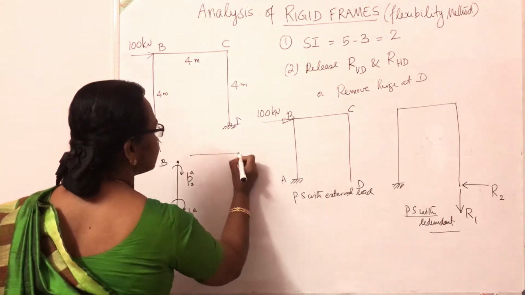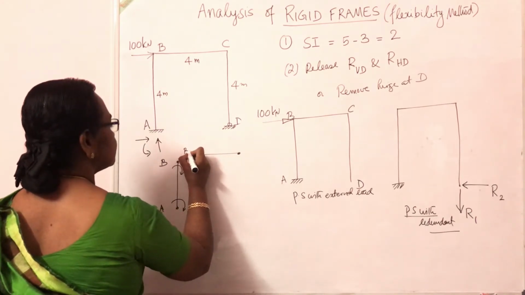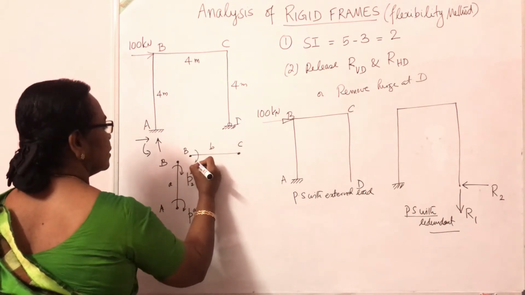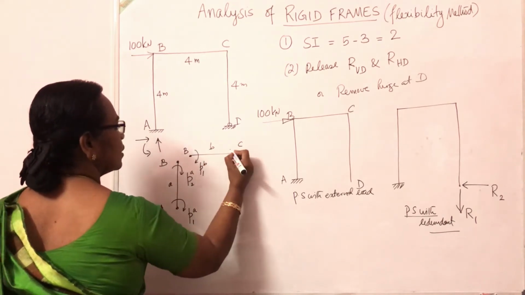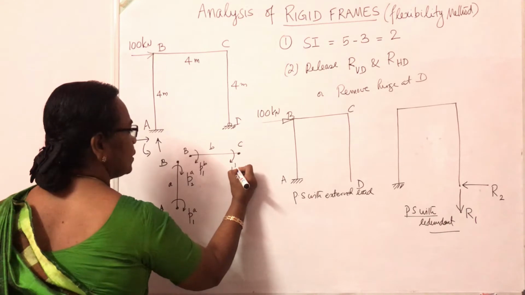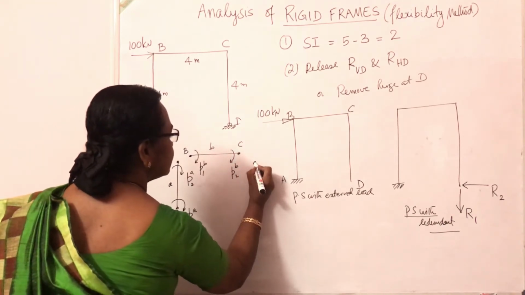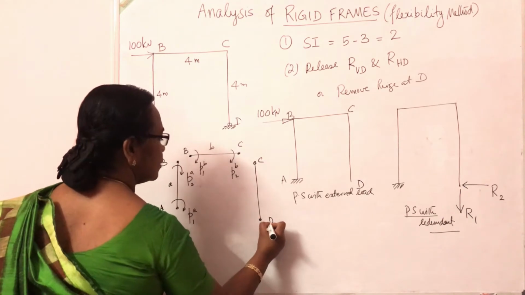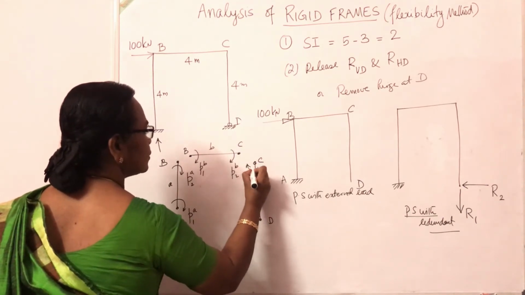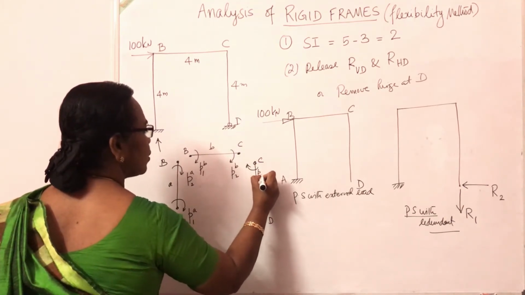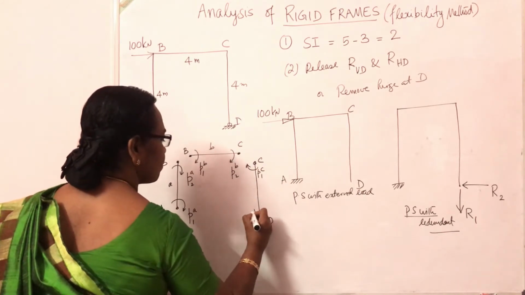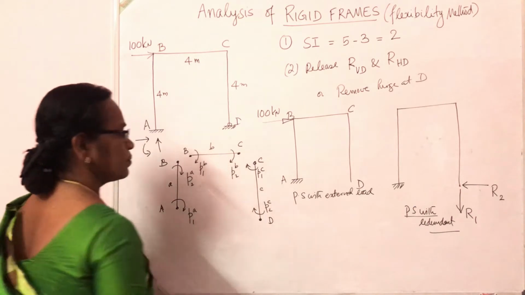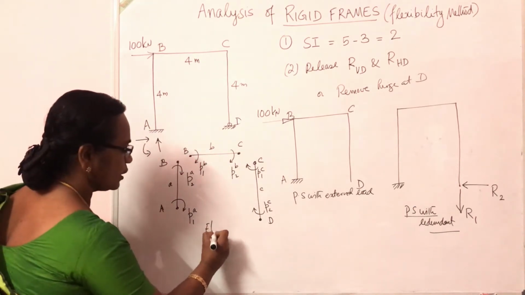For the second element BC, I'll take this as P1 of B and P2 of B. And then for the third element CD, I'll take this end as the first end. So this is P1 of C and this is P2 of C. So these are the element coordinates.